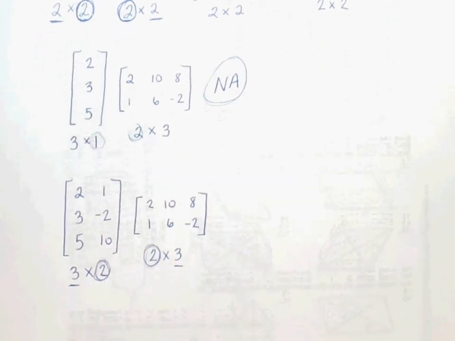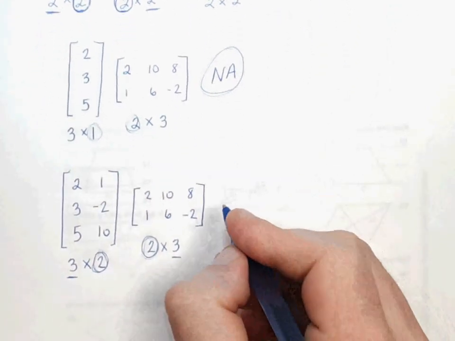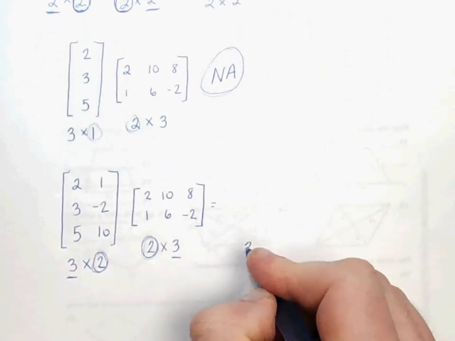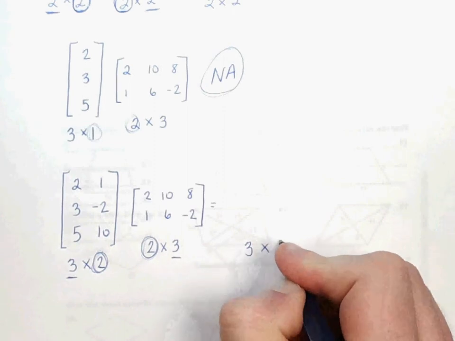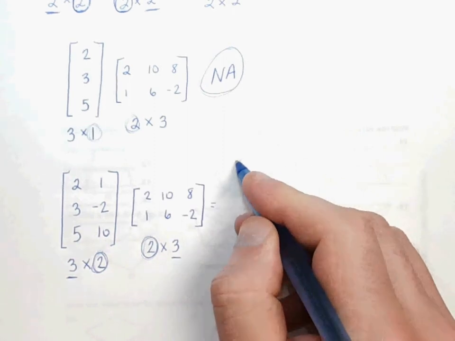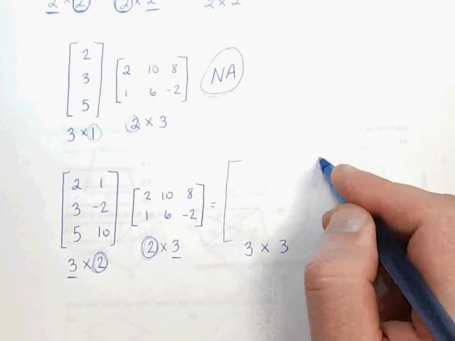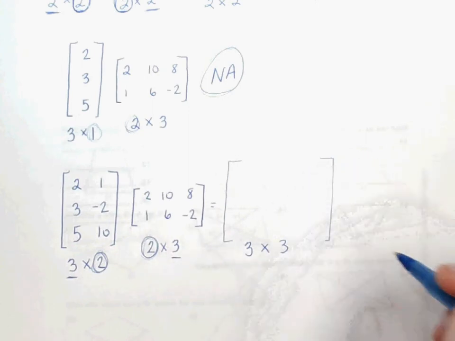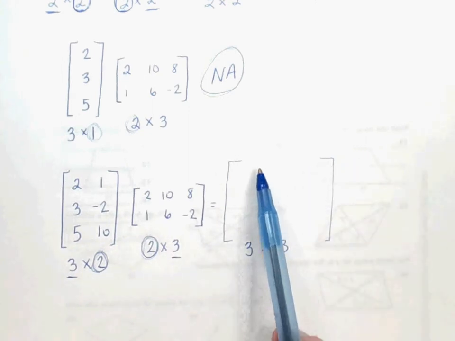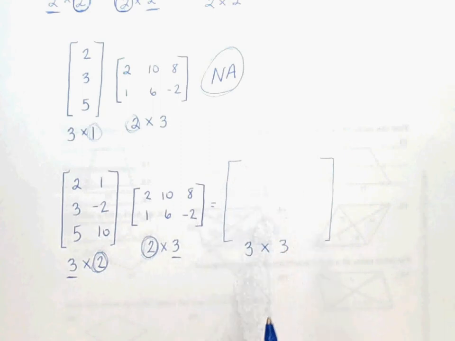Okay? So in this case, we know that our answer matrix is going to be a 3 by 3 matrix. All right? So again, we use this as our scratch work and in order to find our final answer matrix.